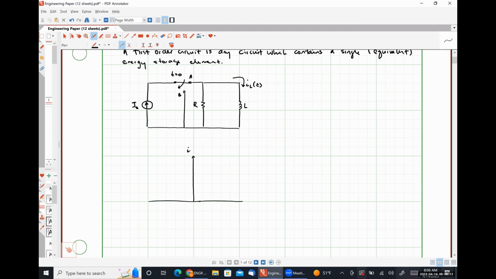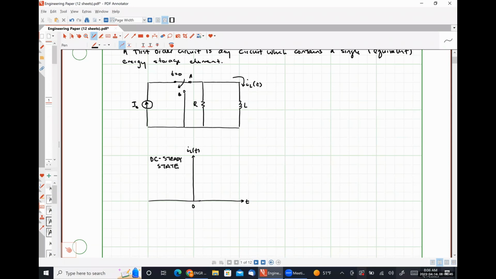So this is IL as a function of time, and this is my time axis. So for all points in time prior to the switch changing states, we are at a DC steady state condition, right? So all the way up to t equal to 0. We are at DC steady state, okay?